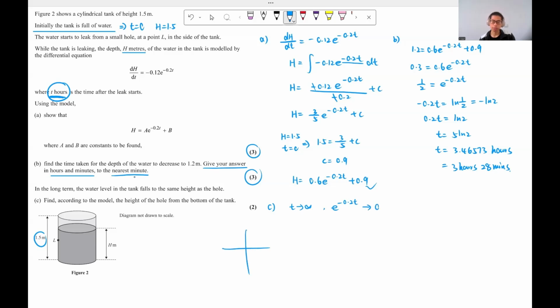As t gets bigger, it gets smaller and smaller, eventually tending to 0. So h tends to 0.6 times 0, which is 0, plus 0.9, which is just 0.9. So the height of the hole from the bottom of the tank should be 0.9 meters.